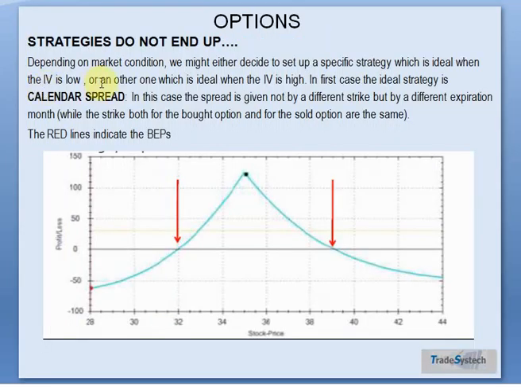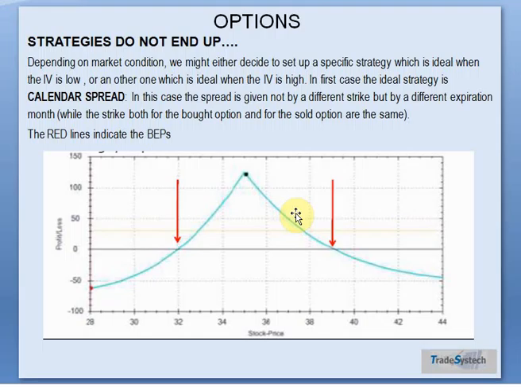You're starting to realize that you can create many kinds of strategies with options, and depending on the market condition, we might decide to set up a specific strategy, which is the idea when the implied volatility is low or when the implied volatility is high. In another video, we discussed this important index called VIX.